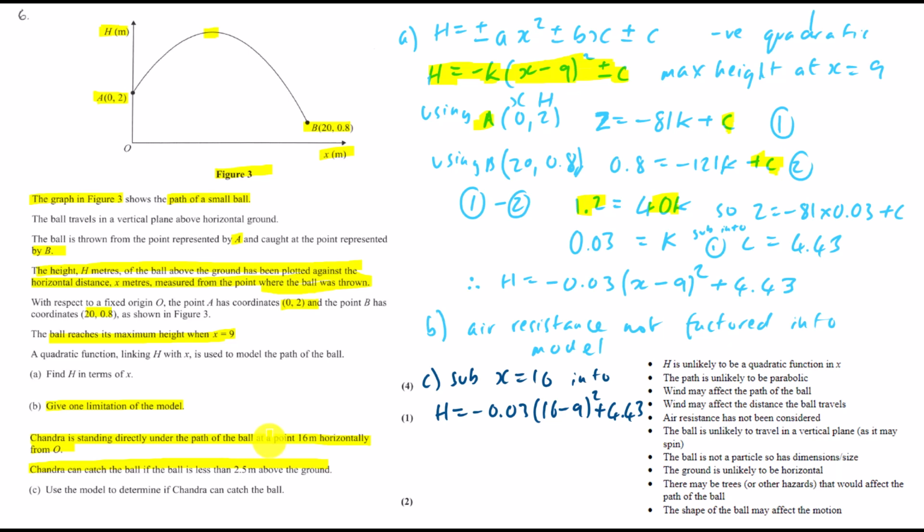So that's where Chandra is standing. We get height, H equals 2.96, so obviously that is greater than 2.5. So Chandra cannot catch the ball. Hopefully you can try this again in the future and get 7 out of 7.